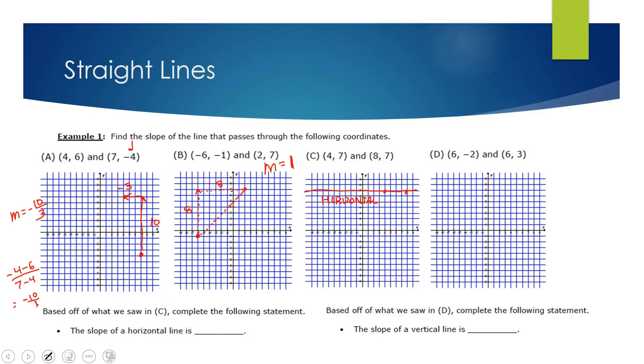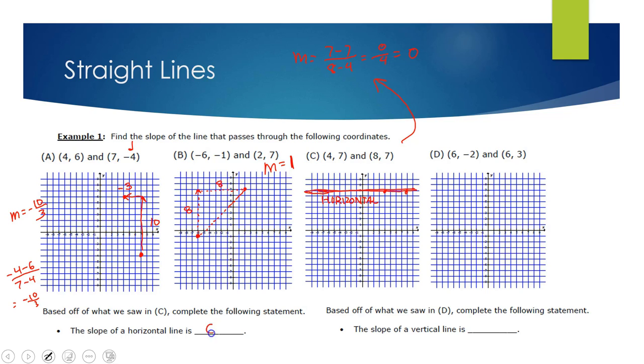If I use the slope formula on that, my slope would be 7 minus 7 over 8 minus 4, which is 0 over 4, which is 0. 0 divided by a number is 0. So if I have a horizontal line, my y-coordinates cancel each other out on top and make it 0. So I'm going to have a slope of 0.